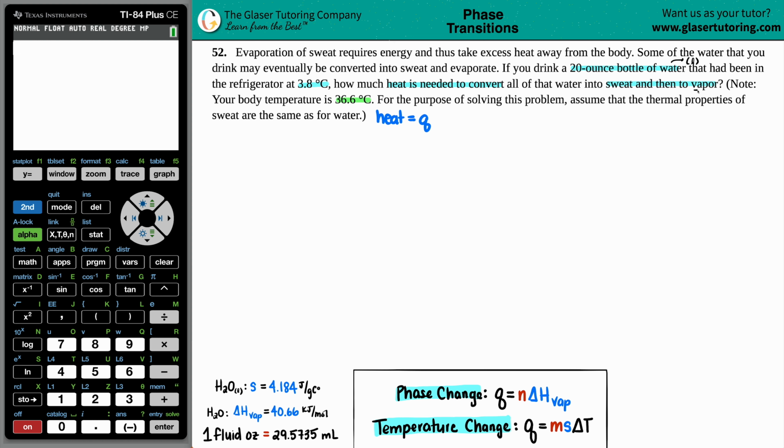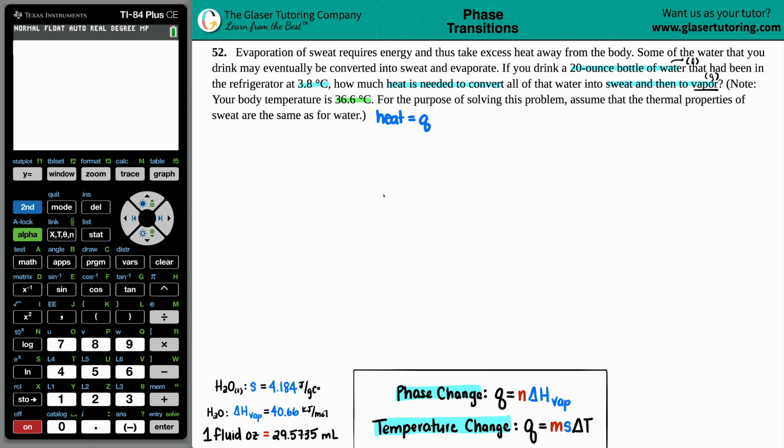Now, vapor gives you the clue that this is going to be turning into the gas phase. So we now have two different phases. And whenever we have two or three different phases, we should write a roadmap for this question. The roadmap always consists of the beginning temperature that they talked to you about and the end temperature.